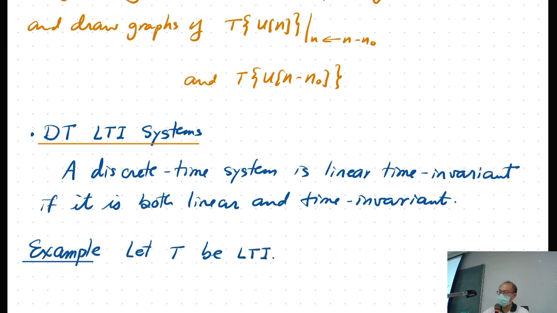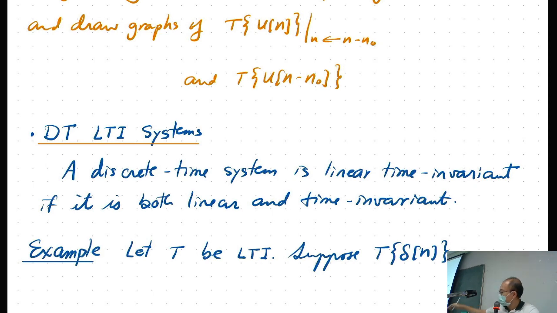When we talk about linear time invariant, I'm just writing LTI to save time. So let T be an LTI system, and suppose that the output of the system T, if the input is delta[n], is u[n].